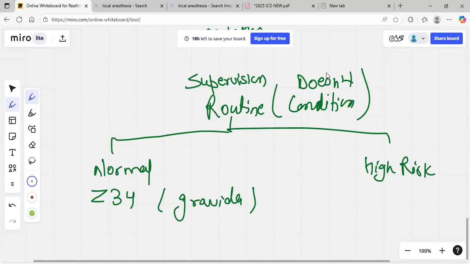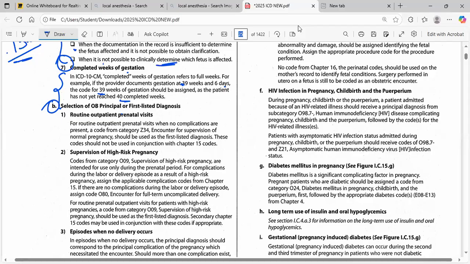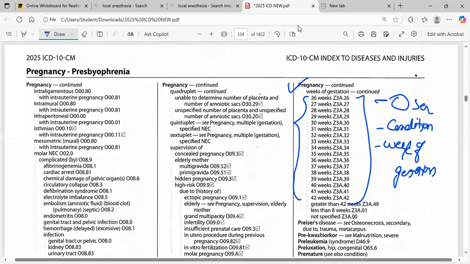Let me pull this code in the index first so that we can review it together. Just a second. Under pregnancy, you can see we have the option for supervision. Under supervision we have different codes.